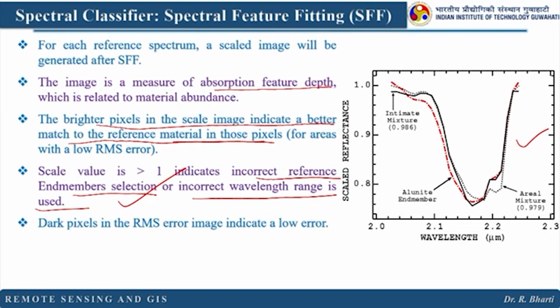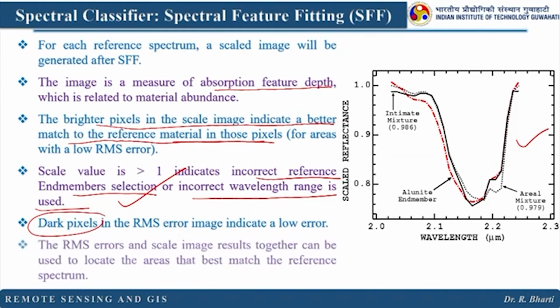That means a dark pixel means a lower value of RMSE. So accordingly you have to see whether your classification is good or bad. The RMSE error and scaled image results together can be used to locate the areas that best match the reference spectra for any given material, right.